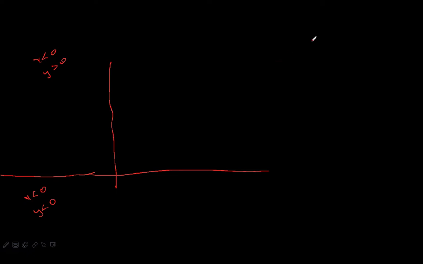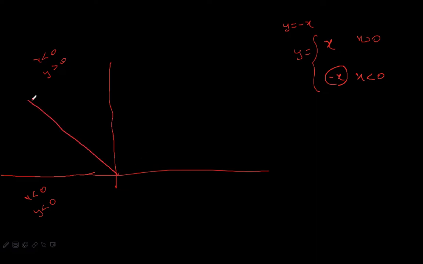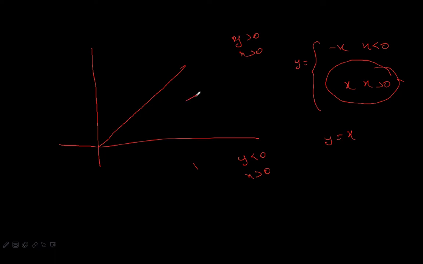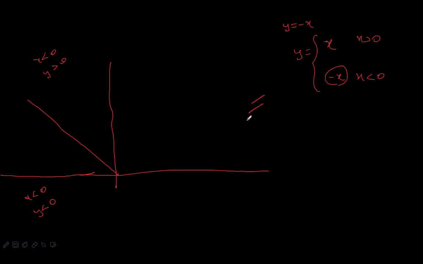For x greater than 0 it is x. For x less than 0 it is minus x. Now the equation for x less than 0 is y equal to minus x. We will plot the equation y equal to minus x, which is this. So we will merge this graph and this graph to create the y equal to mod x graph.